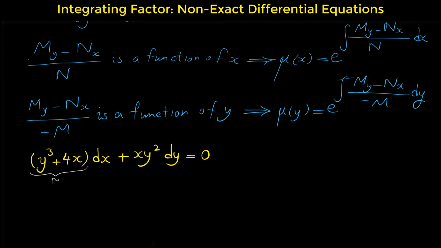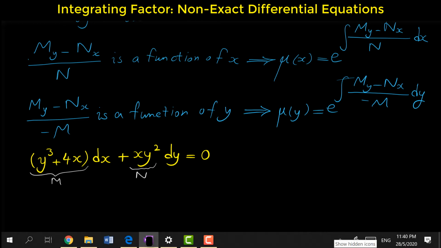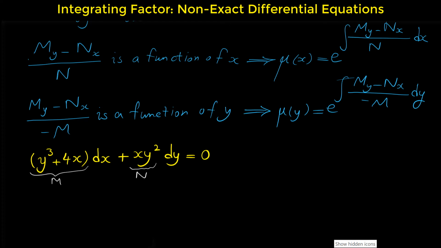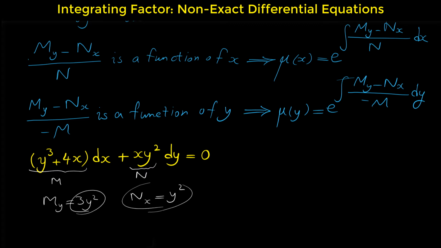This expression here is M and this expression is N. If we take the derivative of M with respect to y, it is 3y squared. And the derivative of N with respect to x is y squared. As you can see, these two are not equal to each other, and so the differential equation is a non-exact differential equation.